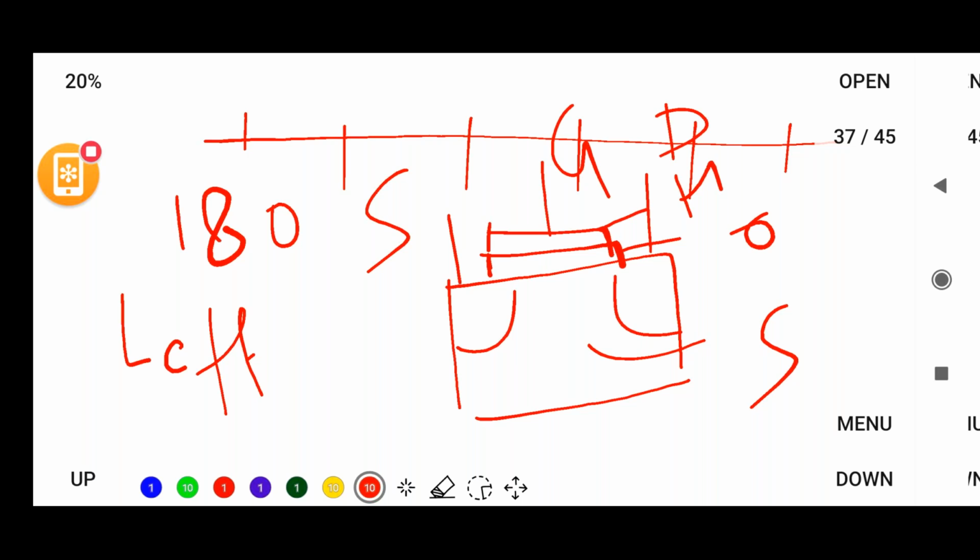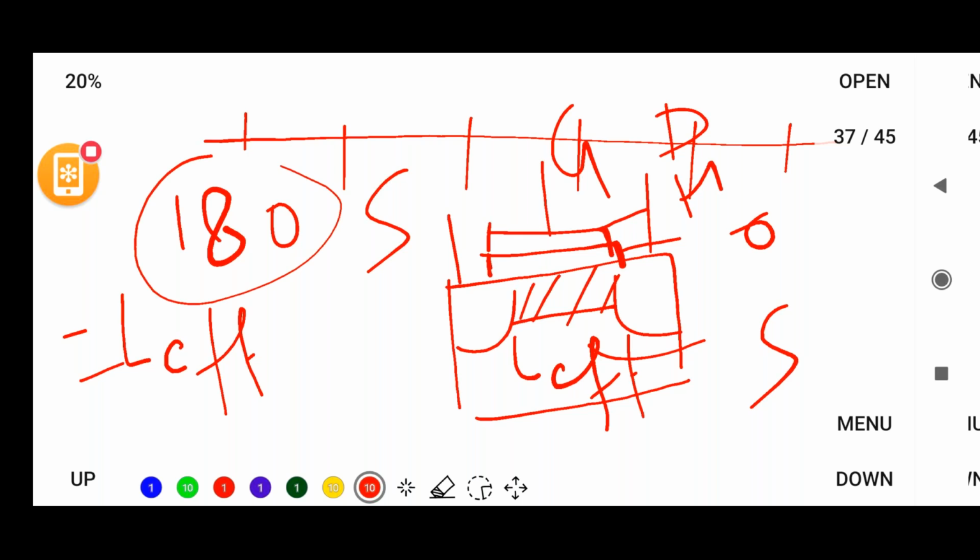In between the source and drain there is a part known as the channel, and the length of the channel is denoted by L effective. If you work on 180 nanometer technology, that means this channel length is fixed at 180 nanometer.